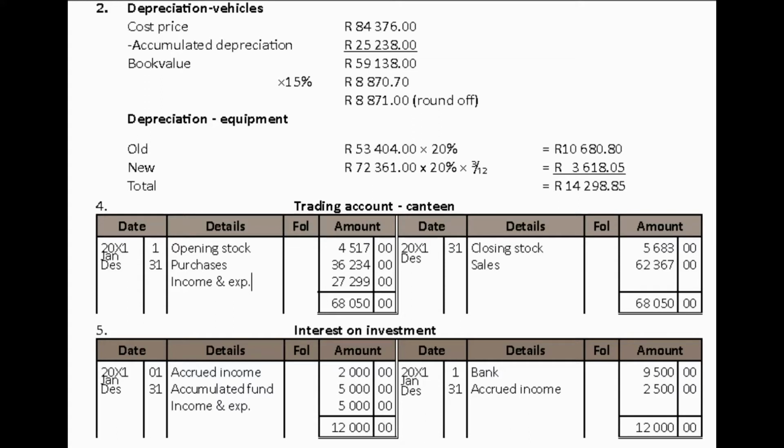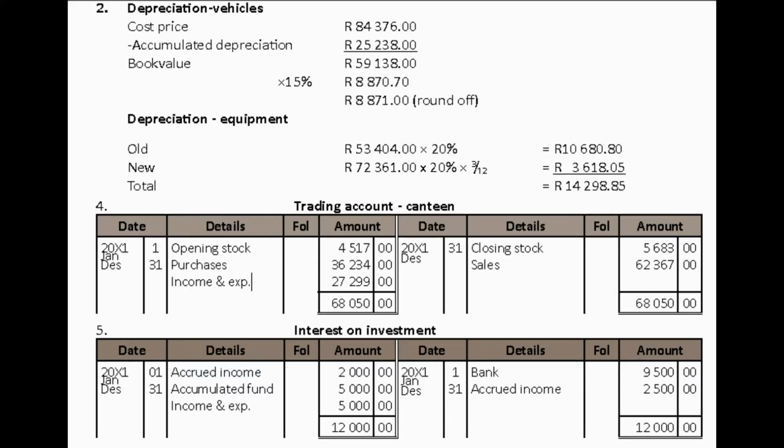But in this case, they said half of that should be capitalized and the other half we are allowed to transfer to the income and expenditure account. If you calculate that, the investment was 50,000, okay? And if you multiply 50,000 by 20% for the year, you get an amount of 10,000 rand. So you were supposed to receive 10,000 rand for the year.